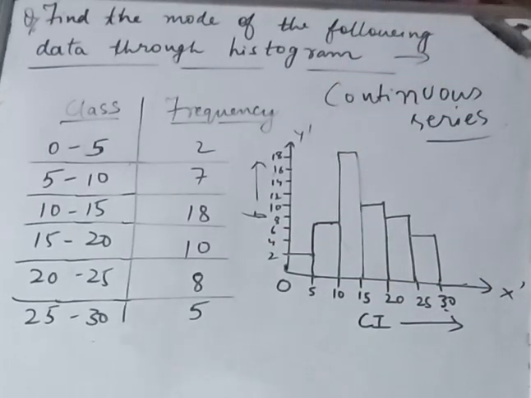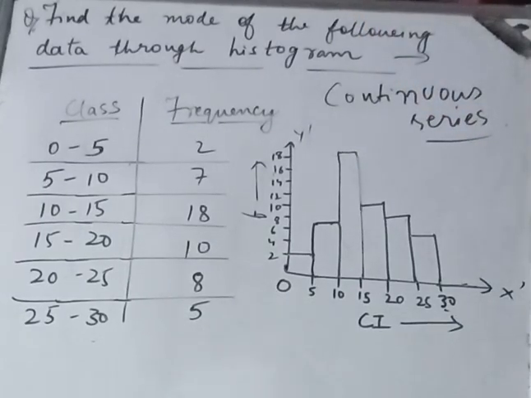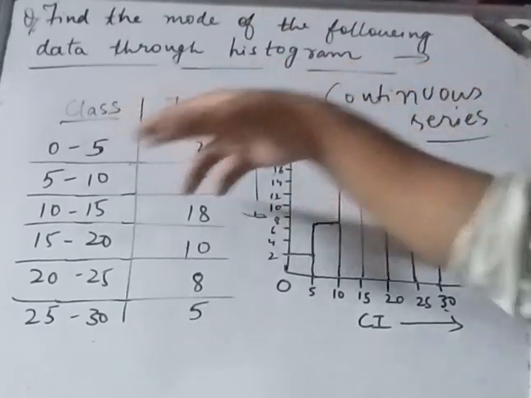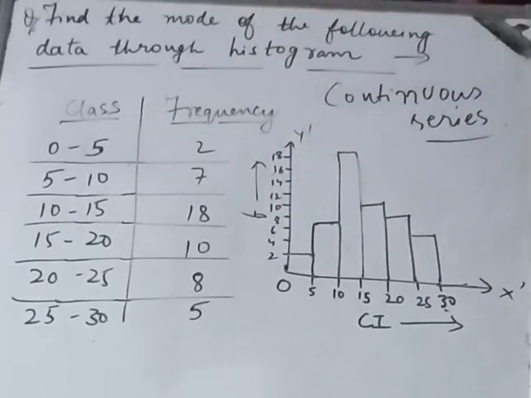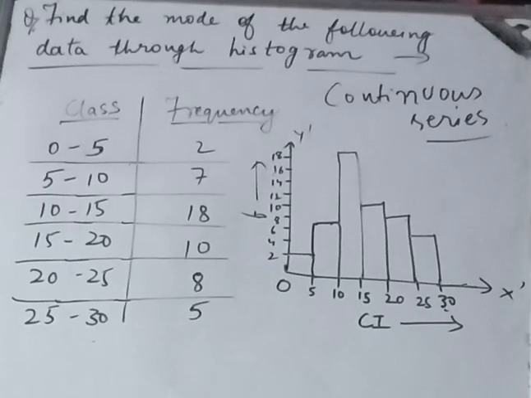How to convert this class interval into variable x, we will discuss in the next video. But in this question, it's asking to find the mode of the following data through histogram. So in case of continuous series, we have to draw the histogram, of course.